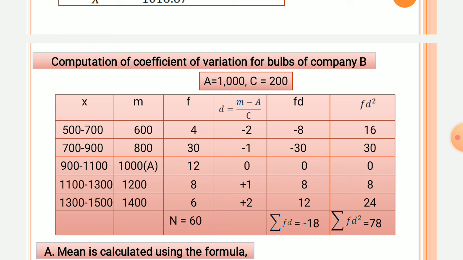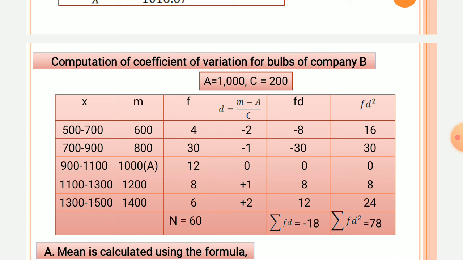Therefore the sum of all these: sigma fd square is equal to 78, sigma fd is equal to minus 18, and n is equal to 60, the total frequency.